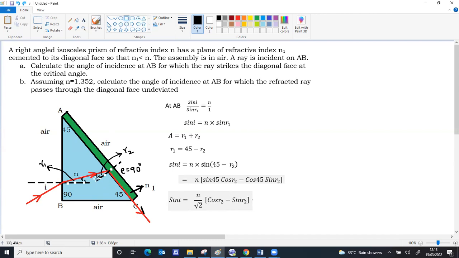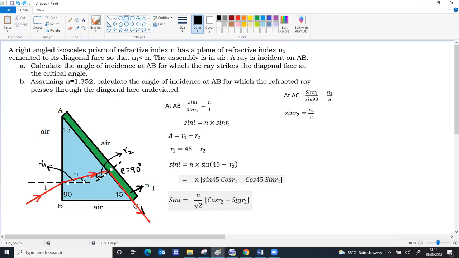If you want to find R2, apply Snell's law again at AC. At AC, the angle of incidence is R2, and the angle of refraction is sin 90. This is the refractive index of the second medium, the cemented slab, by the first medium, so n1 by n. From that you get sin R2 is n1 by n.